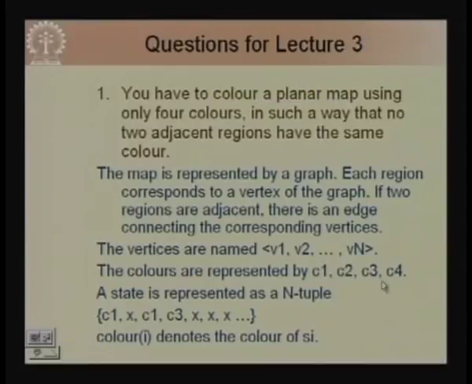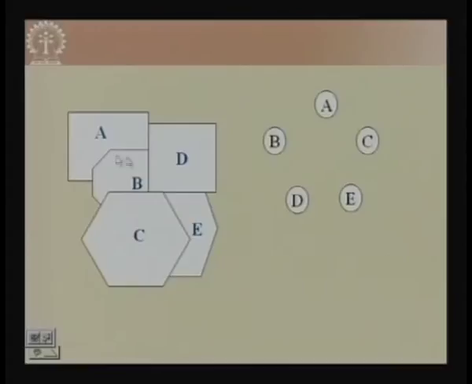Let us look at this example. This is an example of a map. In this map, there are 5 regions A, B, C, D, and E. Corresponding to this, we are constructing a graph which has 5 vertices.